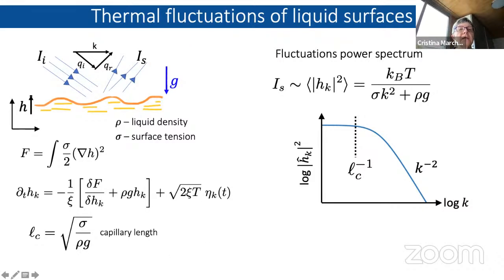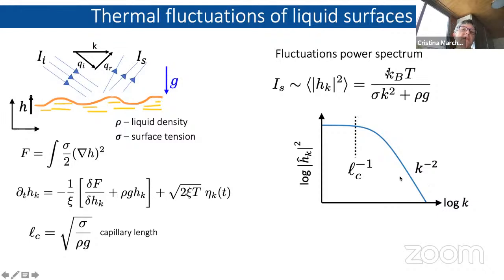So if you calculate the spectrum, in Fourier space, a Fourier transform with respect to x, the position along the interface, these fluctuations are driven by temperature, so their strength is kT. At very small wave numbers, the spectrum is flat because gravity dominates, and at large wave number, it decays as 1 over k squared. This is a typical spectrum of fluctuations.